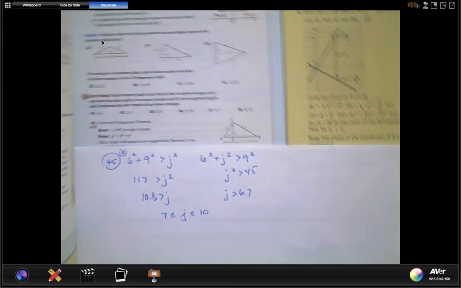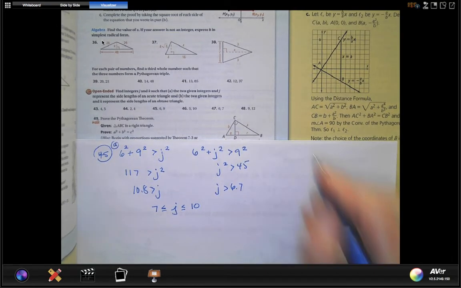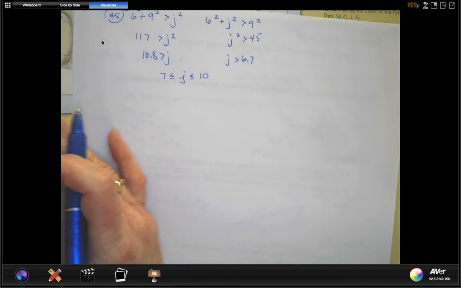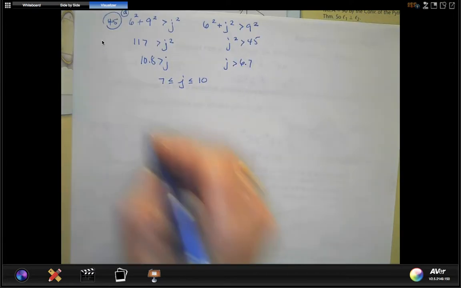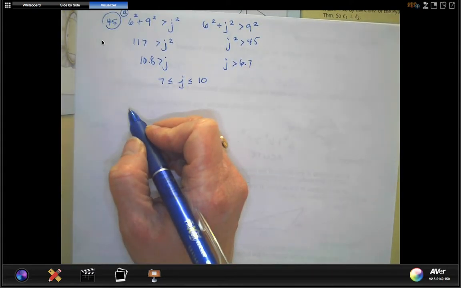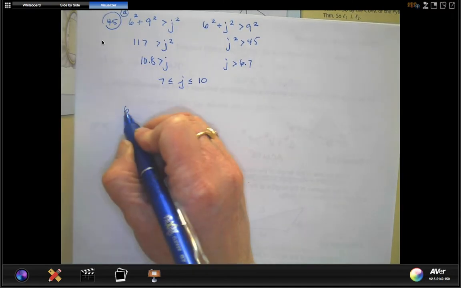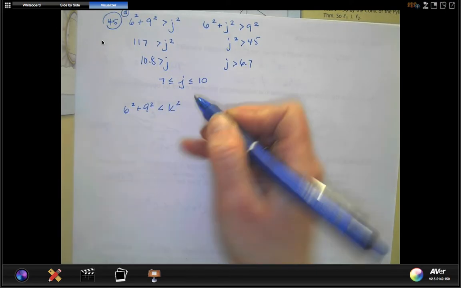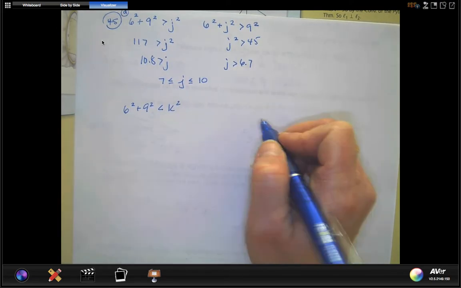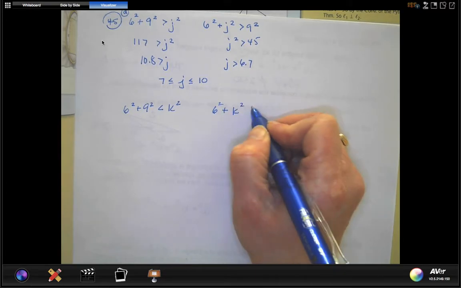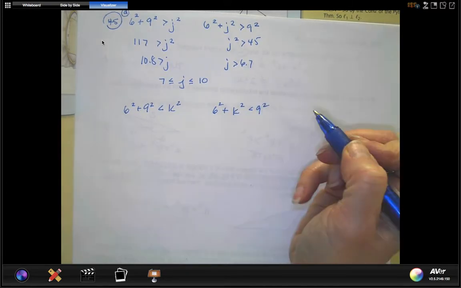To do the obtuse side, so part b, it looks kind of the same. 6 squared plus 9 squared, when you add them up, would be less than the k squared side. Or it could be that 6 squared plus the k squared side is less than 9 squared.